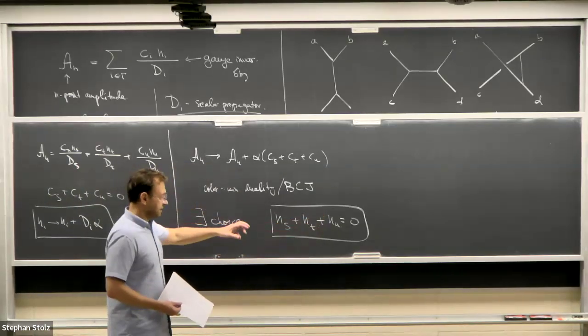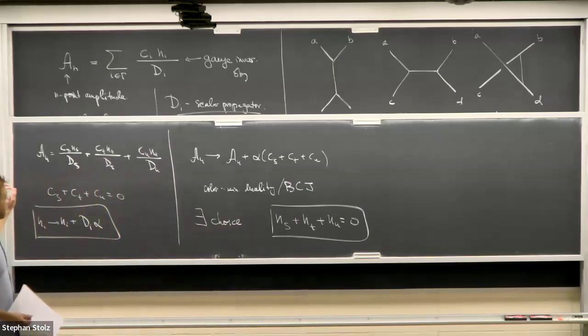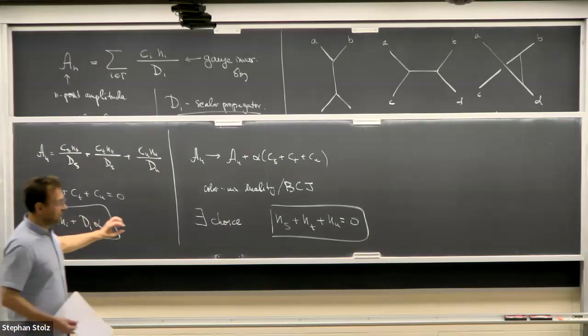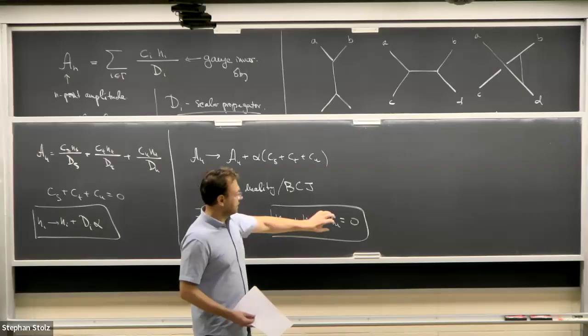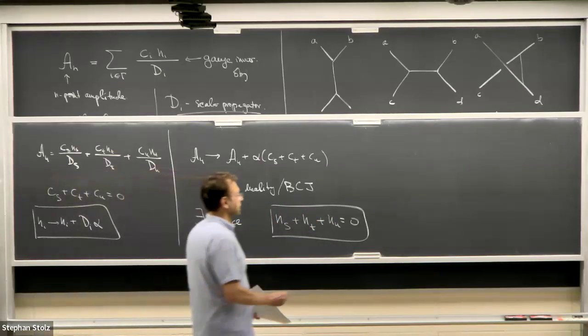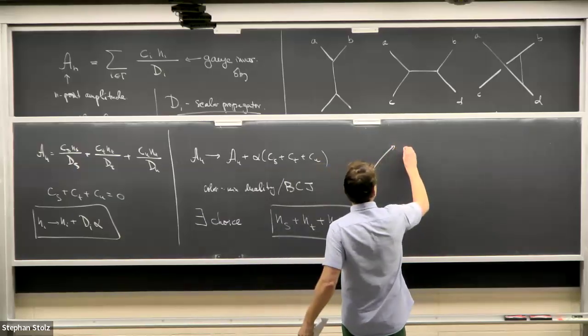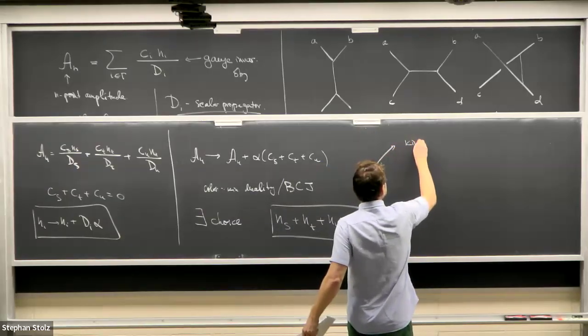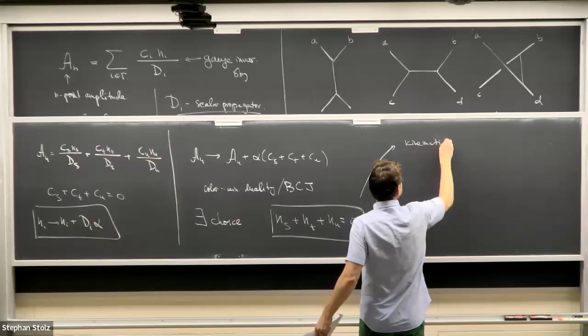Of course, what people do in practice in the amplitude community is not Feynman diagrams, they have some other methods, but there always exists a choice where these kinematic factors will satisfy some algebra. And this is what people call, whatever it means, kinematic algebra.